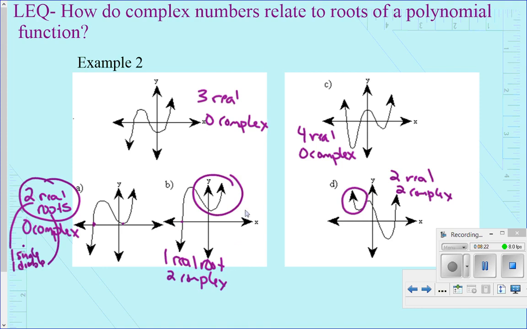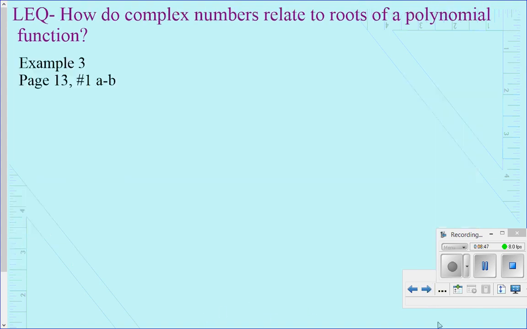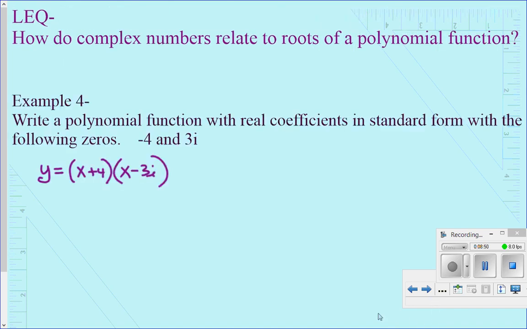And the reason for that, and again, we talked about this in the previous unit, is because complex numbers have what we call conjugates. So if a plus bi is the root, then its conjugate is a minus bi. So those conjugates will always be there. They always exist. They come in pairs. So back to our problem.